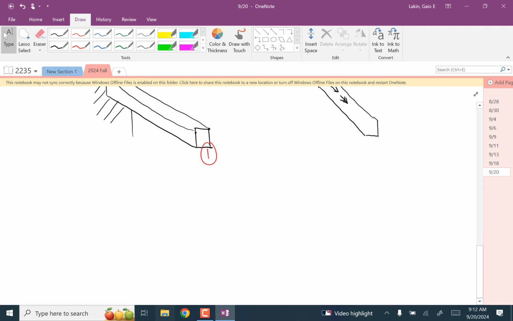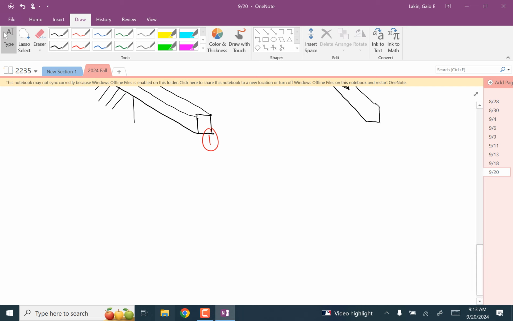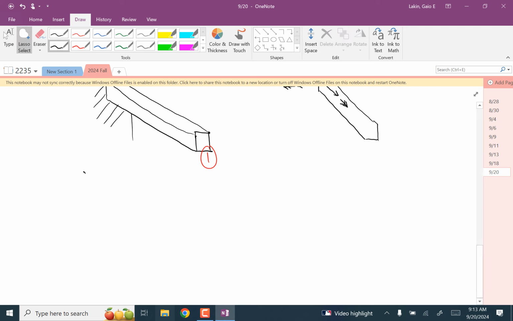Okay, so let's just do a couple of example problems and see how these work in actual problems.